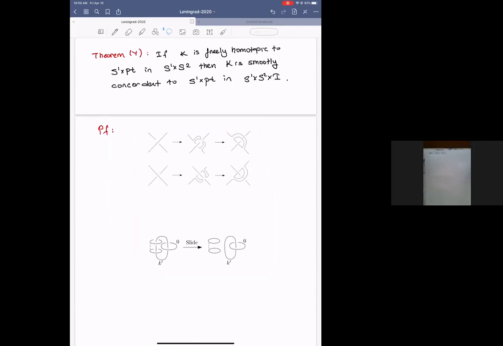You can go from one to another by just crossing changes, right? So you agree on that? If you're allowed self-intersection, you can make it the unknot. Okay, so here is how you can get rid of these crossing changes.